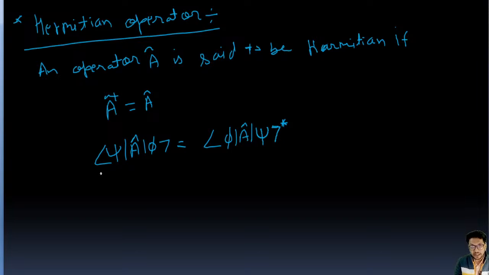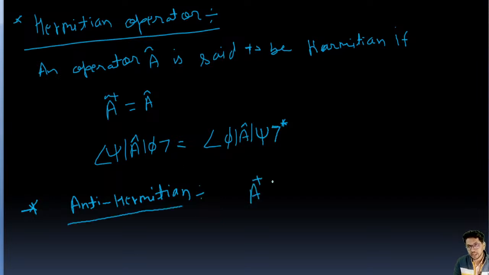If it's anti-Hermitian, then what is going to happen? For anti-Hermitian, A dagger is going to be minus A. I'm not writing the cap, since it is an operator and it is understood.